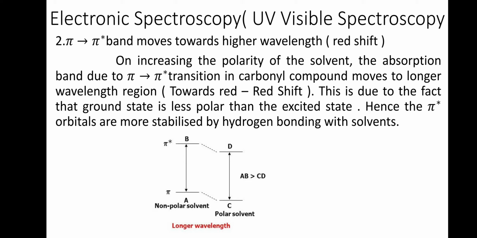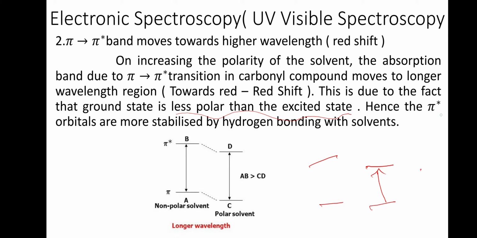On increasing the polarity of the solvent, the absorption band due to pi to pi star transition in carbonyl compounds moves to a longer wavelength region. Longer means less energy. This is due to the fact that the ground state is less polar than the excited state.